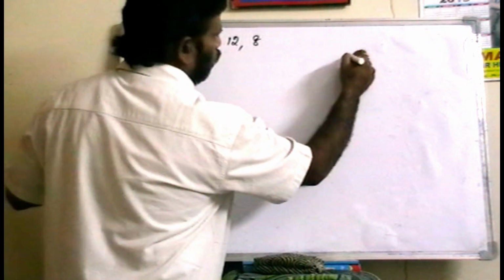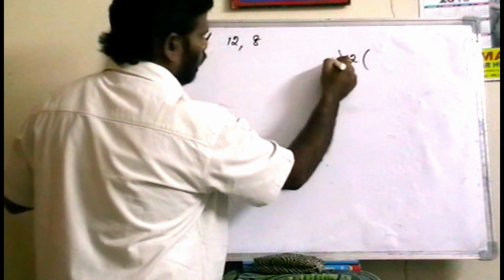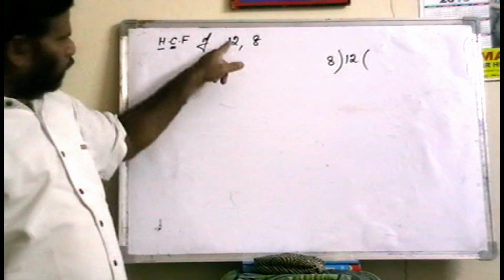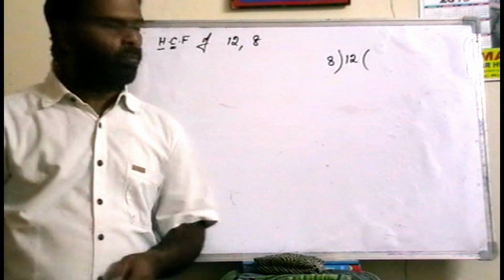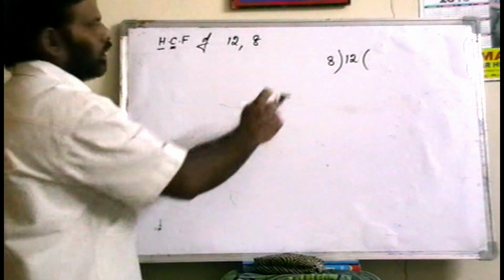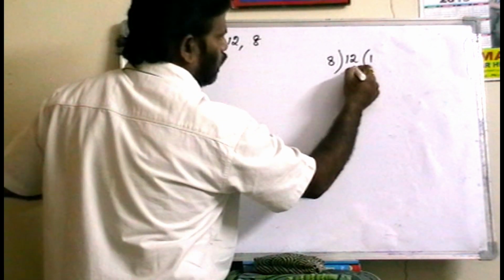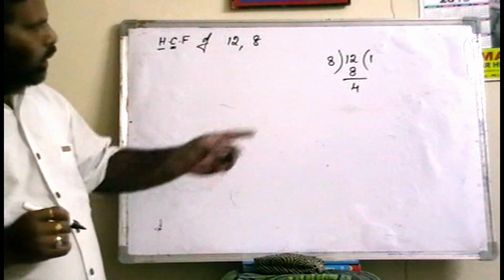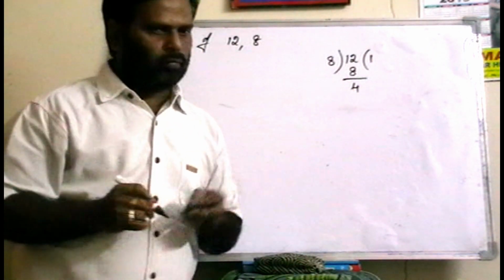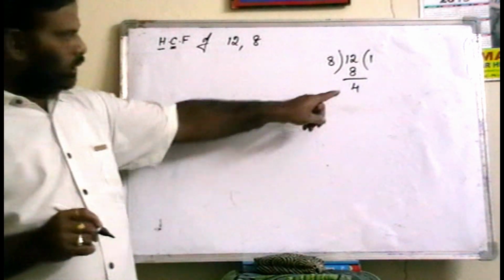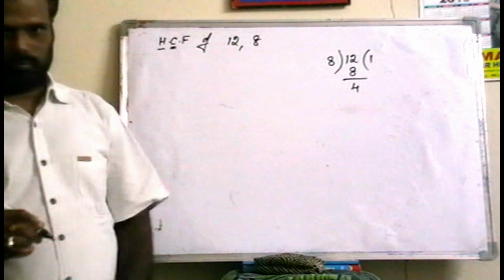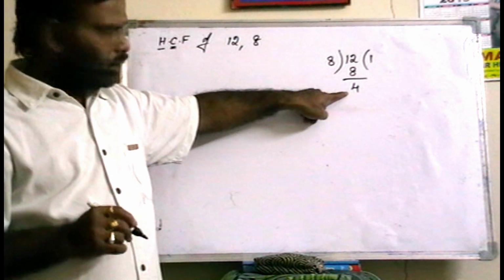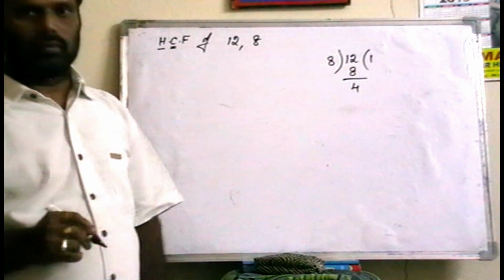That means 12 is divided by 8. 8 ones are 8, the remainder is 4. Now check whether the remainder is 0 or not. The remainder is not 0, because here the remainder is 4.